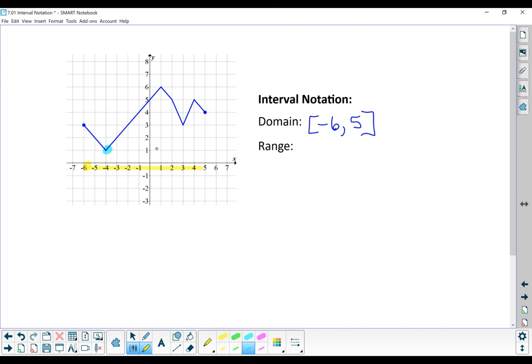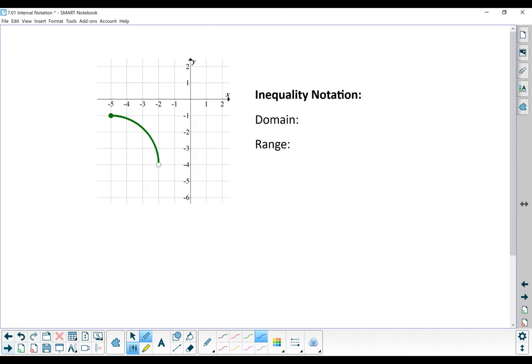Well, the lowest is here, so from 1, and the highest is here, so from 1 to 6. And you do want to list that from bottom to top. Both ends included. Remember, if it looks like it touches and turns around, go ahead and include that.